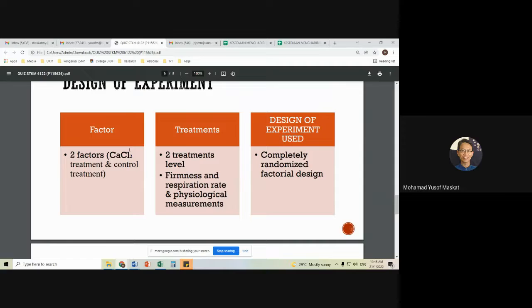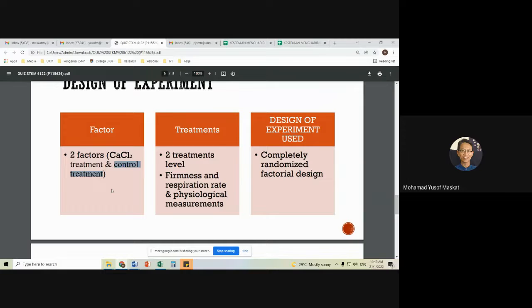So if calcium chloride treatment is one factor, what are the levels? There's none. So it is not a factor, because factors always have levels or types, and the combination of levels or types gives you the treatment. Similarly, if you were to say that this is the factor, you have to ask, what is the level?